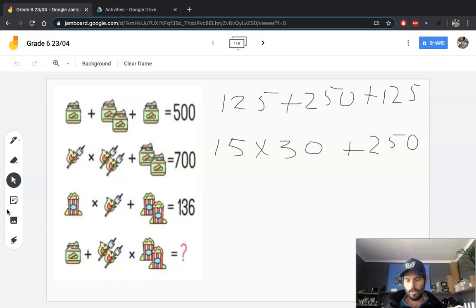Then I know that the single marshmallow is 15. Okay, so that my box of popcorn is going to be 8. Okay, so 8 times 15 is 120, and if I add 16 to 120, I get 136.